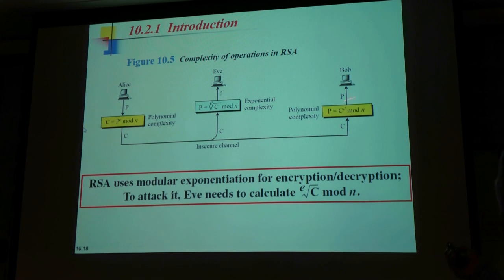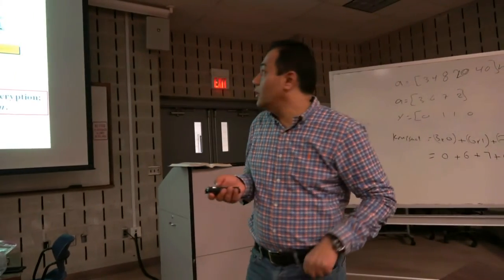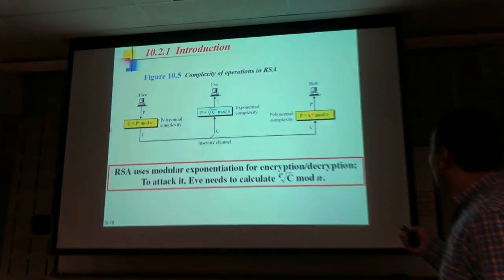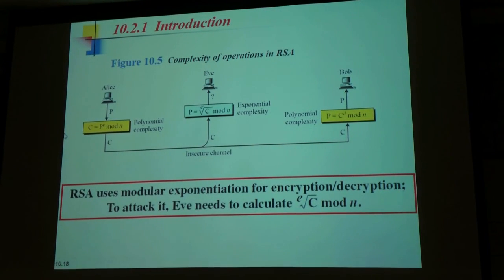And to calculate the plain text, it's C to the power D, where D is the private key. So we have two keys, one public and one private. The public key is two things, N and E. The private key is D.